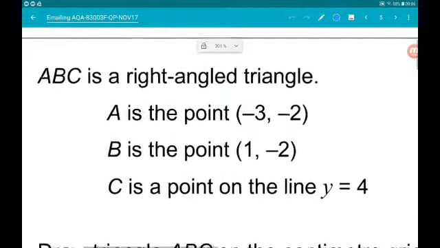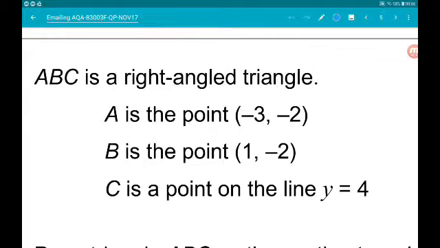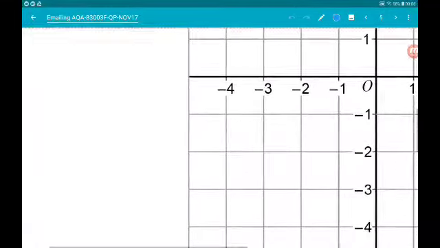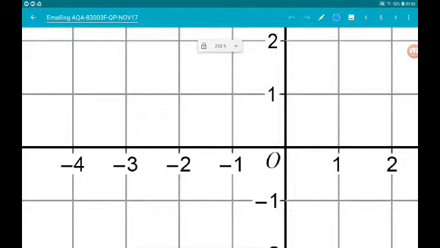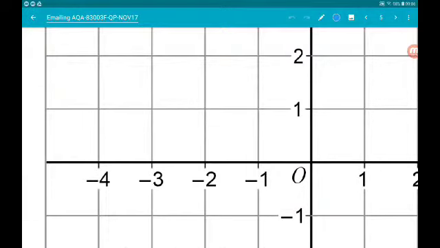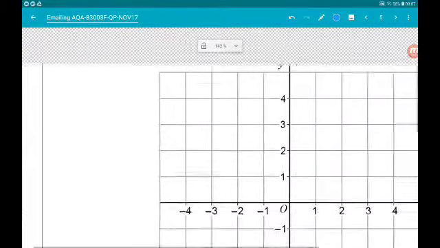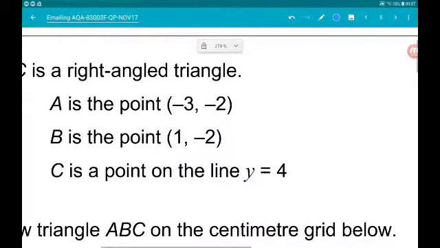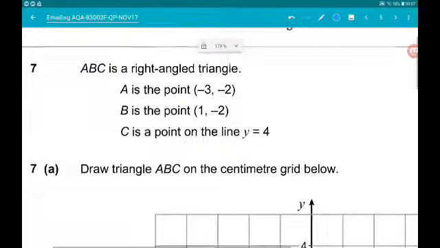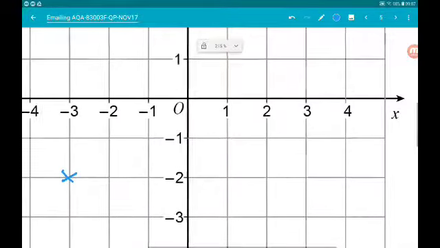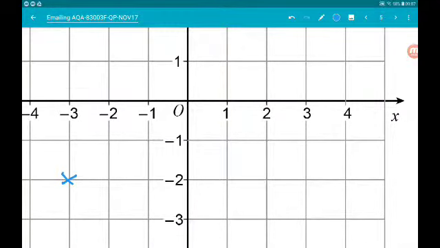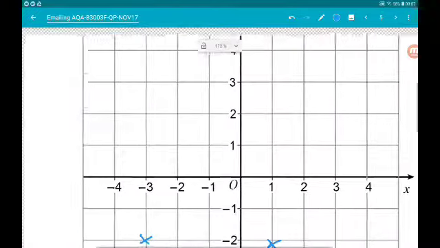Let's plot points A and B. A is (-3, -2), so that means 3 to the left, and then 2 down. Point B is (1, -2), so that is 1 to the right, and then 2 down. So there are points A and B.